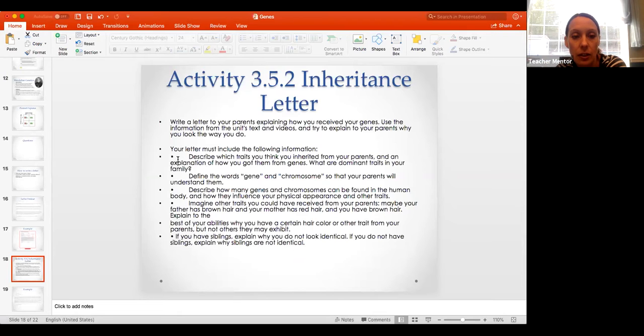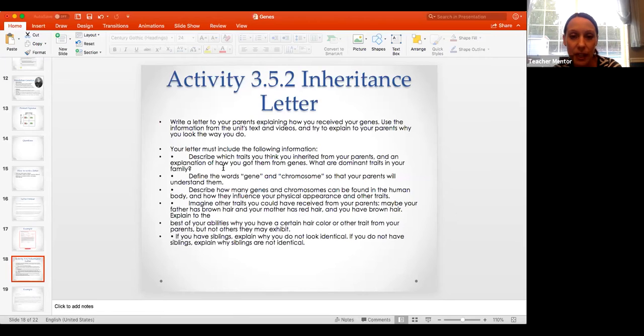So this is the checklist of what you need to include in your letter. The first one is they ask you to describe which traits you think you inherited from your parents and an explanation of how you got your genes. What traits are dominant or maybe recessive in your particular family. If you look at me, I should have a picture of my parents, and I have two brothers, to give you an idea.